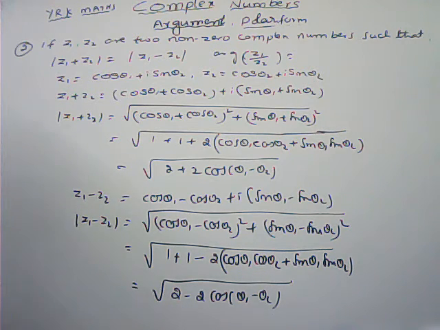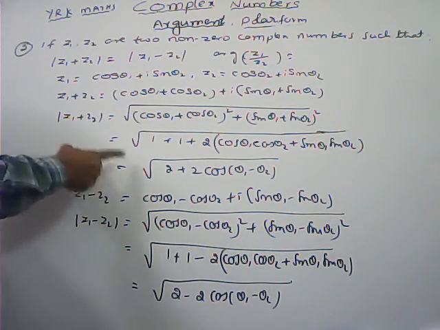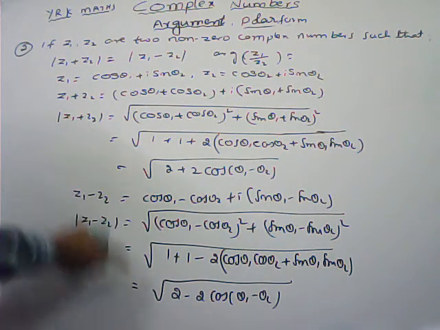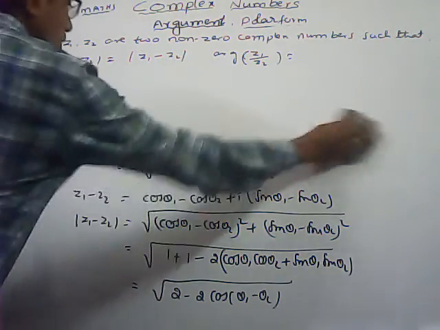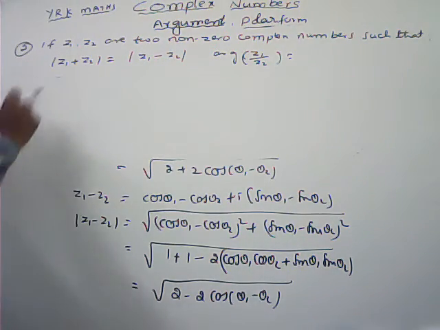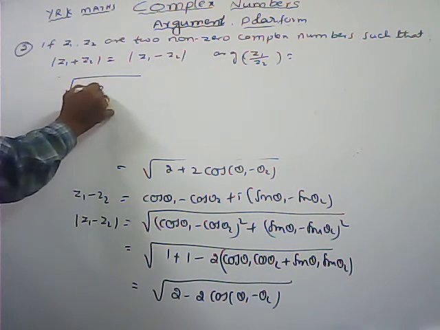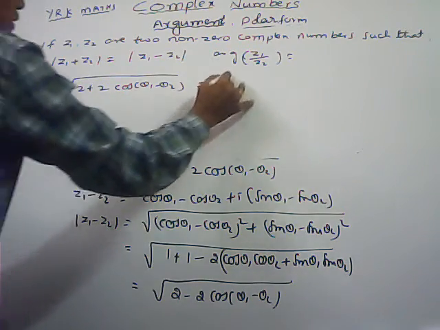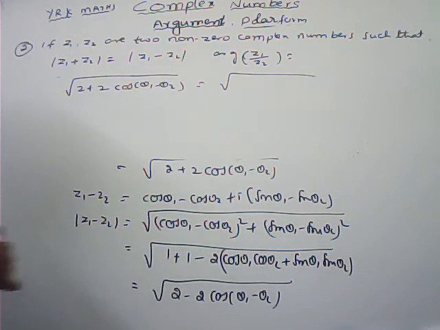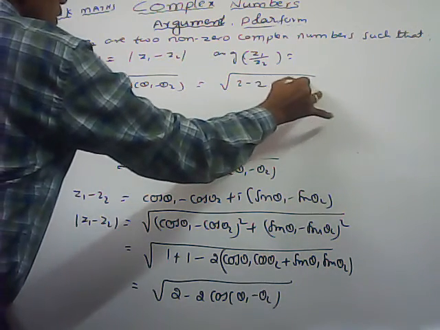Now what is the given question here? I am equating these two. Modulus of z1 plus z2 is equal to modulus of z1 minus z2. So modulus of z1 plus z2 we got square root of 2 plus 2 into cos of theta 1 minus theta 2, that is equal to modulus of z1 minus z2, that is equal to under square root of 2 minus 2 into cos of theta 1 minus theta 2.